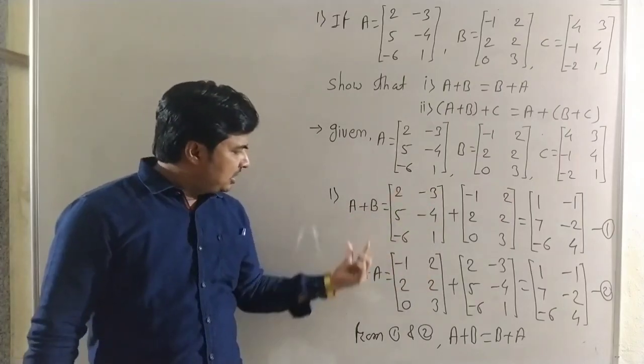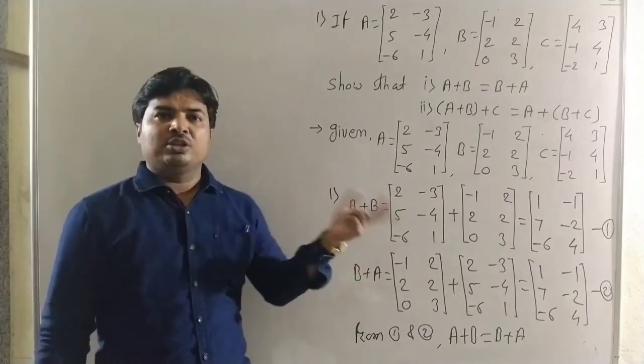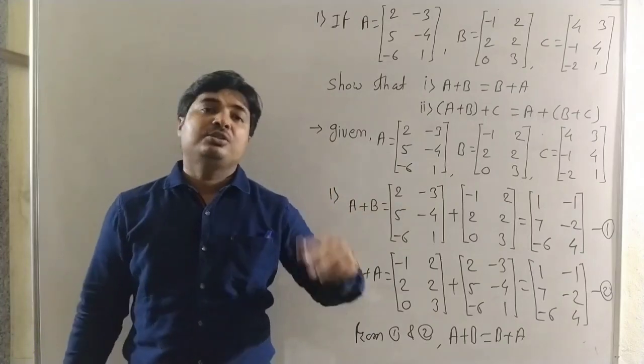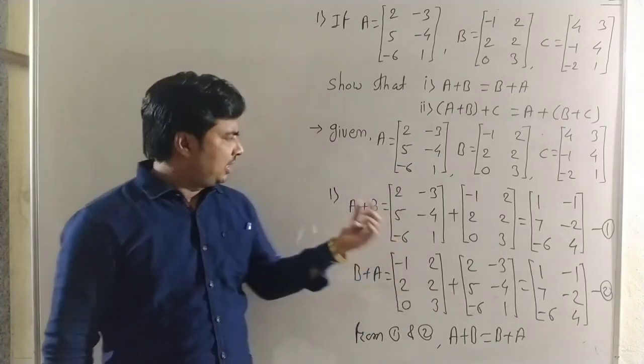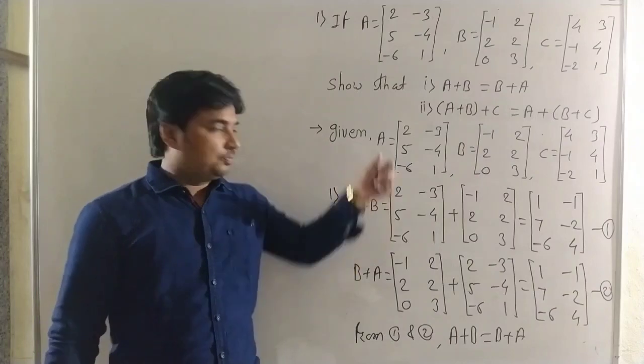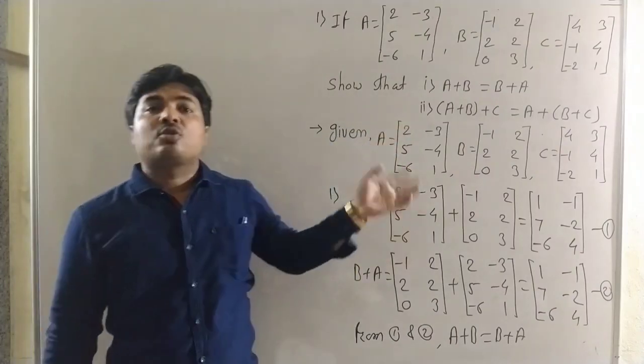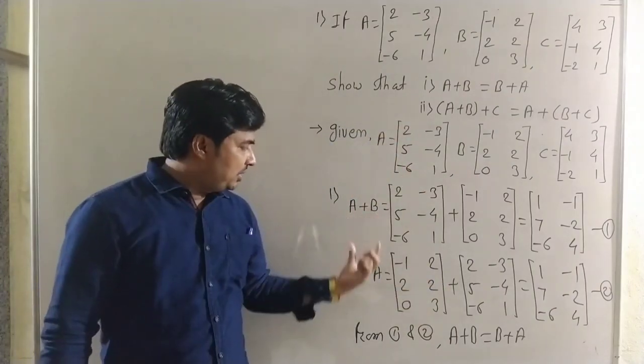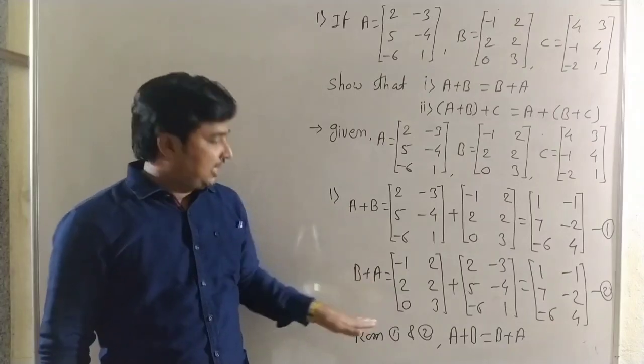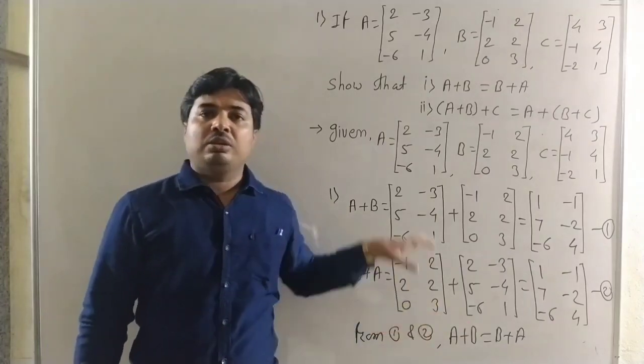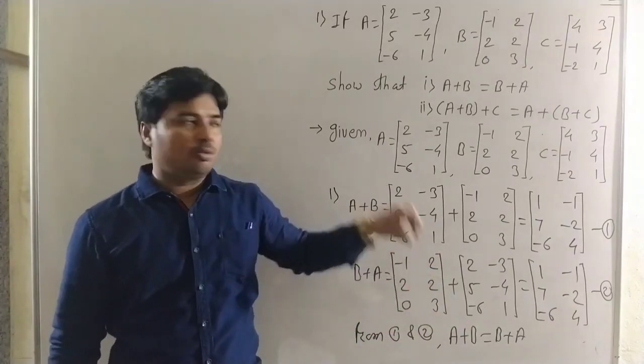Like 4 plus 5 is equal to 5 plus 4 in numbers, in matrices the addition is commutative. A plus B is equal to B plus A. It is called the commutative law for addition.